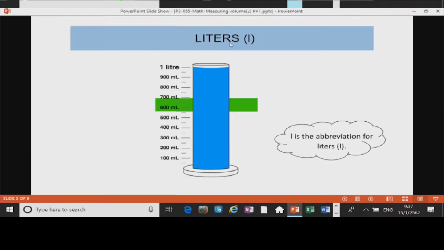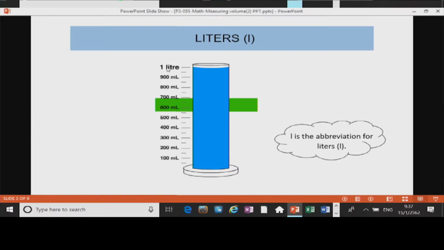So we can see in liters, 1 liter, how many milliliters? And you can see this container is full to capacity because the water's at the top. So you can say the volume and capacity are 1 liter.